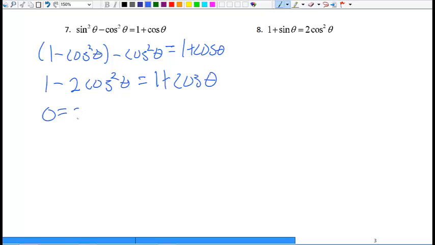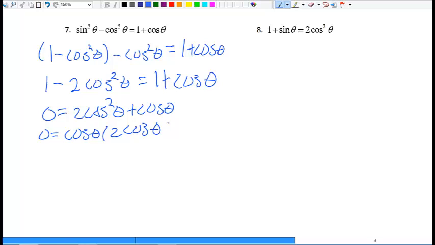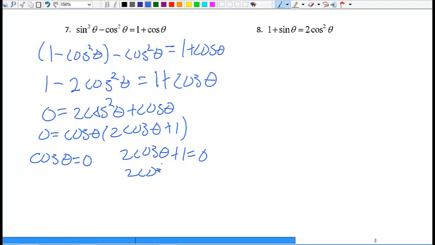So 0 equals 2 cosine squared theta plus cosine theta. And then I'm going to factor out the cosine. So cosine theta times 2 cosine theta plus 1. Okay. And then set each of those things equal to 0 and solve. So cosine theta equals 0. And this would be 2 cosine theta plus 1 equals 0, or cosine theta equals negative a half.